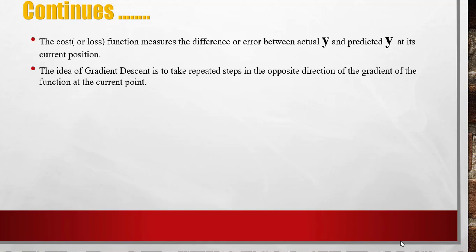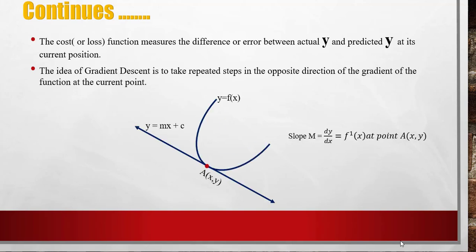For example, we are having a gradient descent on a Cartesian plane or on a graph. Assuming this is our graph, we have a function where y is equal to f of x, that we can see here. This is a linear line, and this is our minimal point, where we have coordinates x and y, the x coordinate and the y coordinate. In gradient descent, we are moving in the opposite direction by a learning rate.